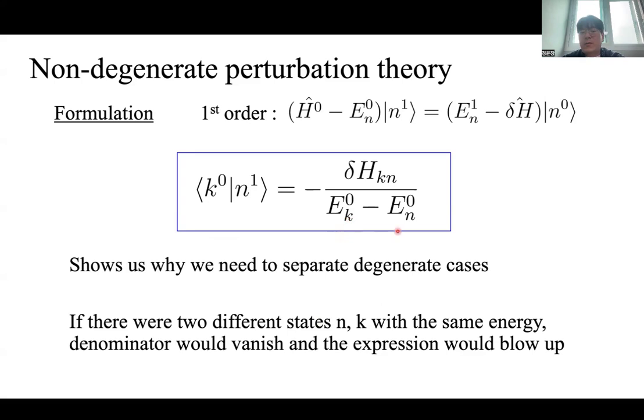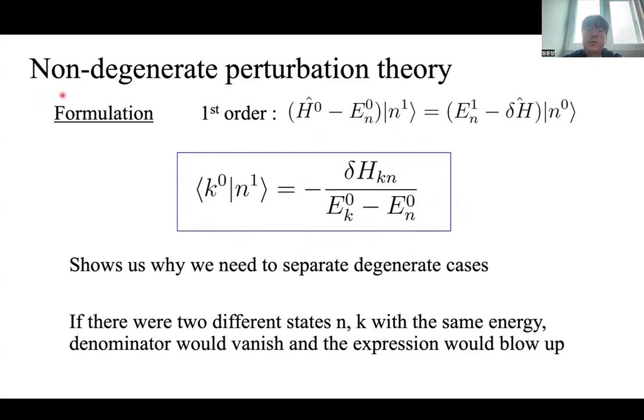So if we see here, if n and k, for example, are different states but they have the same energy, this energy would be equal to this, then this would become zero, and this term would be ill-defined. I can't mathematically define it because it would diverge. So that means we can't use this framework for degenerate perturbation theory because this entire equation would break down.